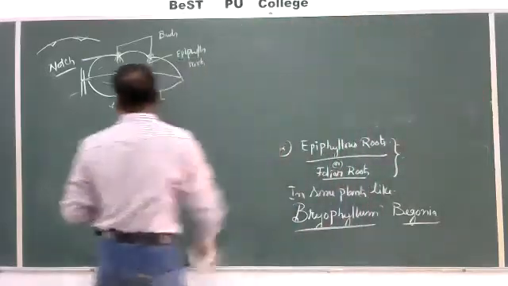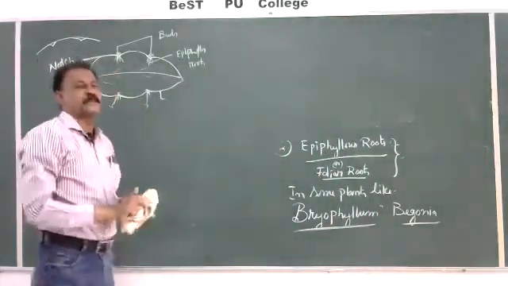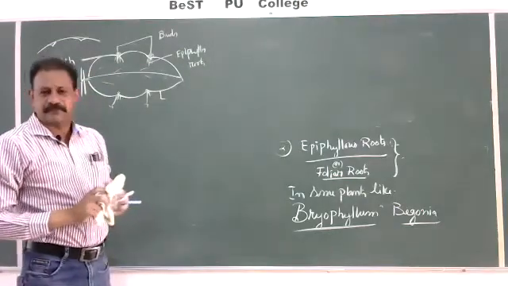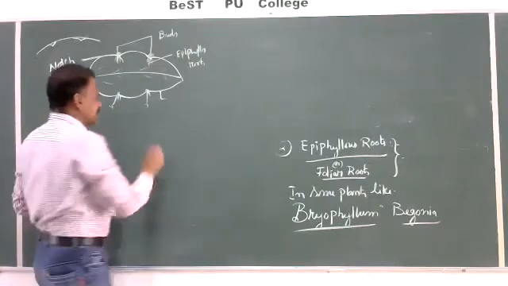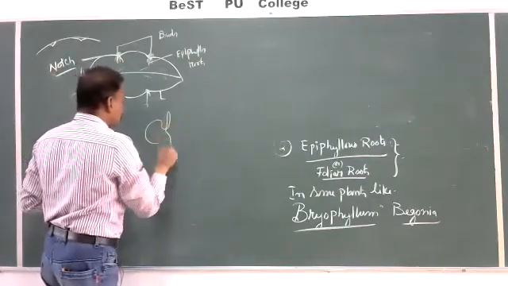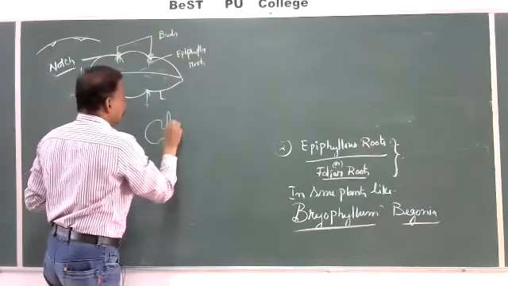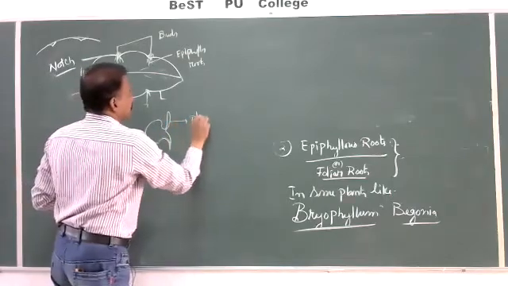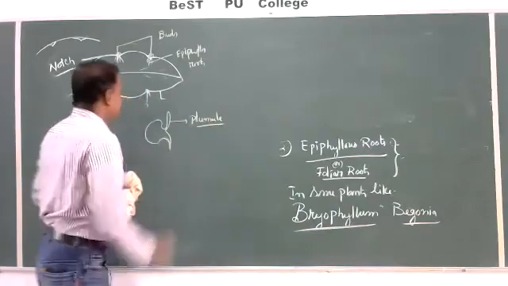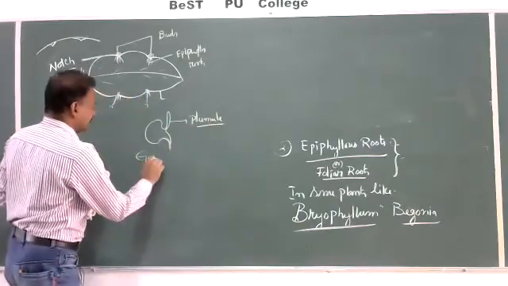In the NCERT book, on page number 68, to the best of my knowledge, they have given stem. Stem is nothing but the part which is called plumule, of the germinating seed.